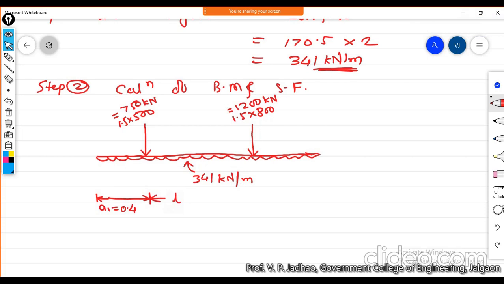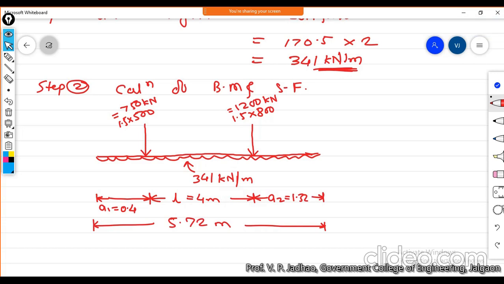The small l, the length between these two columns, is 4 meter. And we have already calculated this A2, which is equal to 1. This will be representing the footing.